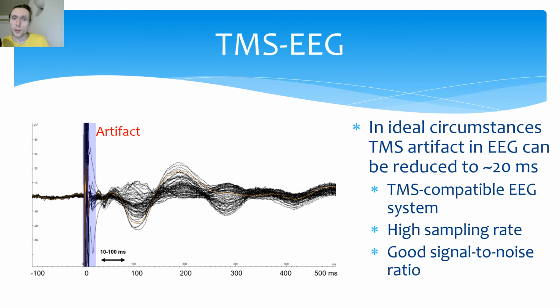For example, you have to orient all the wires of the EEG electrodes in the same direction. These are all small things you have to take into account. And if you're really good at it and have practiced a lot, you can get this artifact down to 20 milliseconds, which means there is some loss of temporal specificity because the first 20 milliseconds are gone. Then again, that's still quite good.